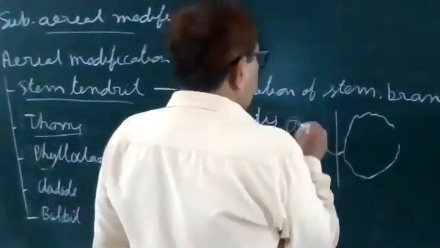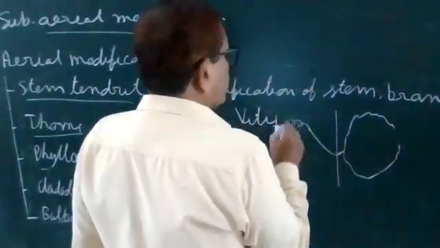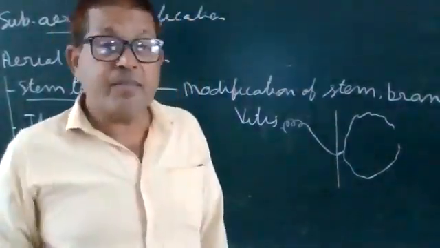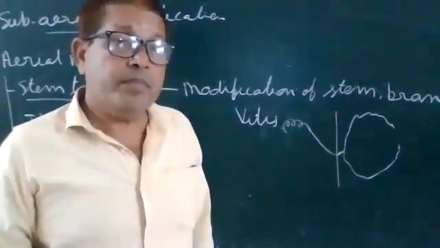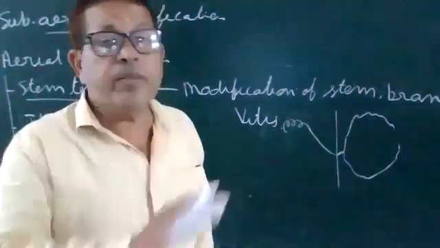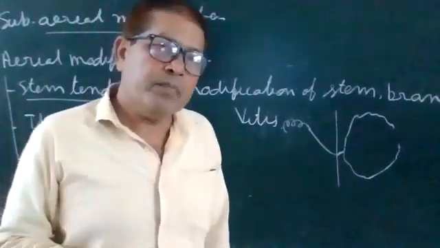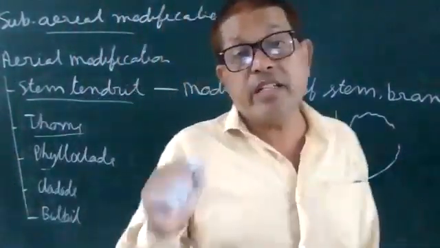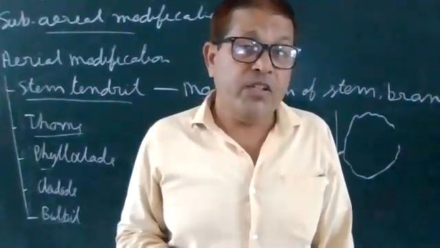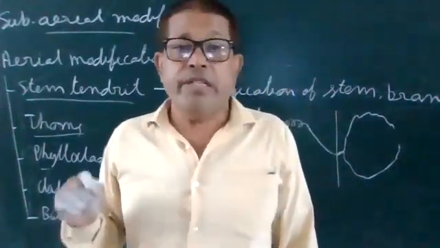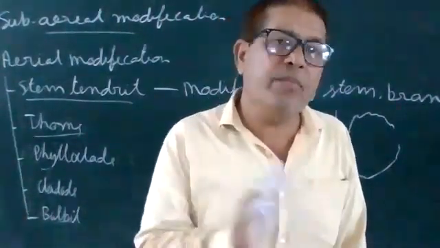When they come in contact with any support, they wrap around this support. So it helps the plant to climb. This is a tendril. Tendril consists of nodes and internodes. Tendrils help the soft stem to climb.